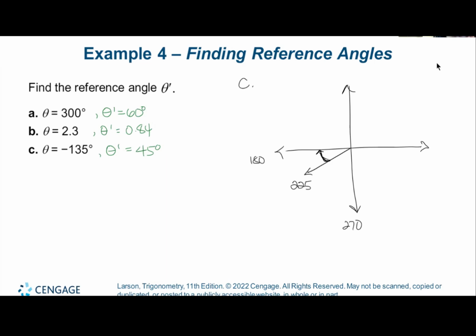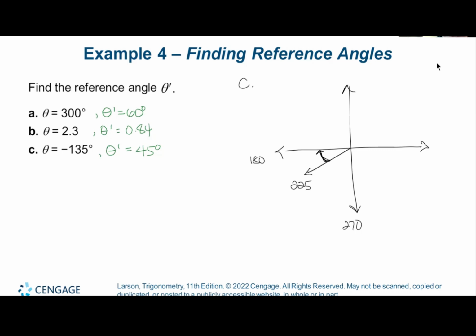So if you can find its reference angle, the original angle and the reference angle will have the same sine, cosine, tangent, secant, cosecant, cotangent values, except for maybe the sign. Because remember, the reference angles are in quadrant 1, so they're always going to give you something positive when you take sine of a reference angle. But you do have to consider the original angle in which quadrant it fell into. That's going to tell you whether your answer should be positive or negative.